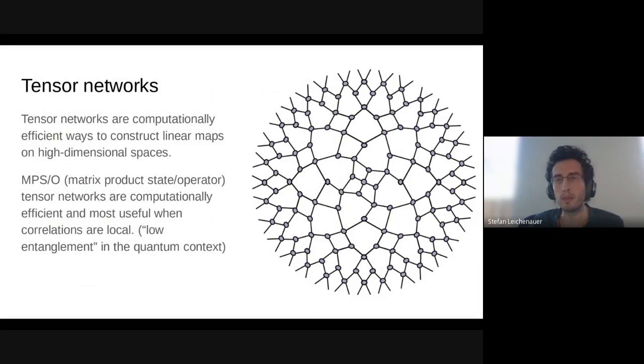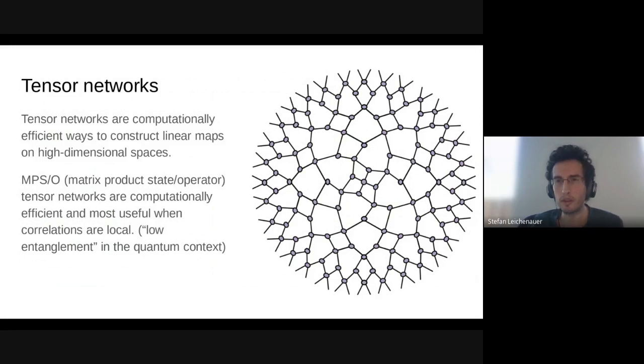But one would expect that for images, maybe a different kind of tensor network might be useful. And on tabular data, who's to say if there's any kind of spatial locality at all? We're mostly using matrix product states because of their computational efficiency, the fact that we know efficient algorithms for computing with them. And no matter what problem you're given, matrix product states are simple enough that that's the thing that you start with.